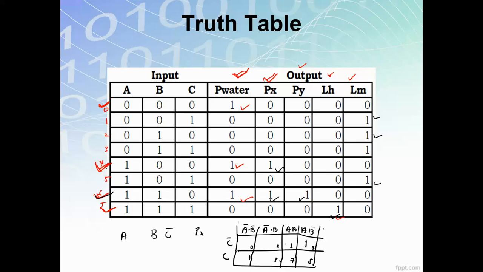4 and 6. So you draw the loops. To draw the loop, this involves this one and this one, so you eliminate the B and B bar. And then for the PX equation you get A dot C bar.